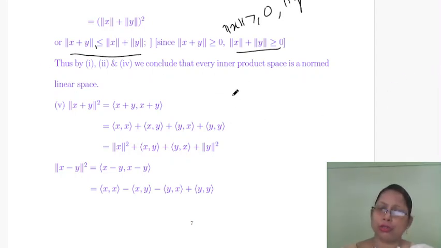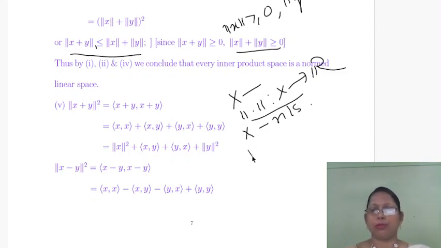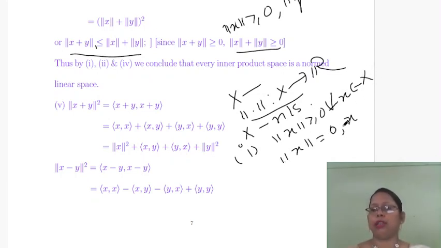First, you must understand what a normed linear space is. Let X be a non-empty set and define a norm from X to R. Then X is a normed linear space if this norm satisfies: number 1, norm of x is greater than or equal to 0 for all x belonging to X, and norm of x is equal to 0 if and only if x is the null vector.